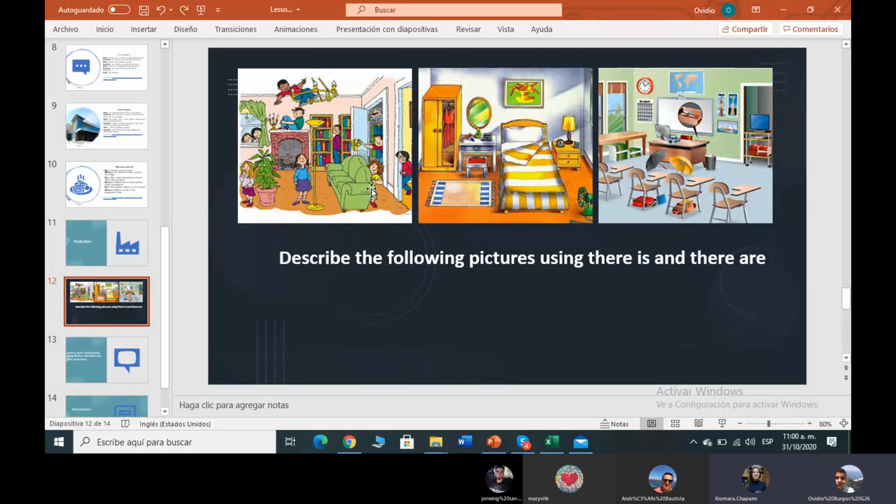In the 3 picture, there are 4 chairs. There is a tablet. There is a board. There is a computer. There are 2 windows. Listo, teach.